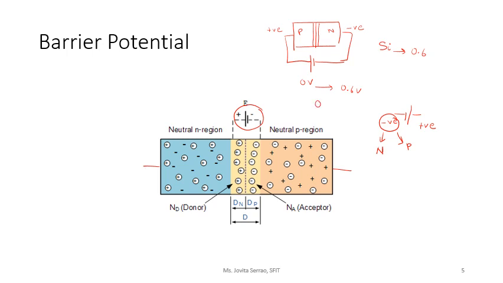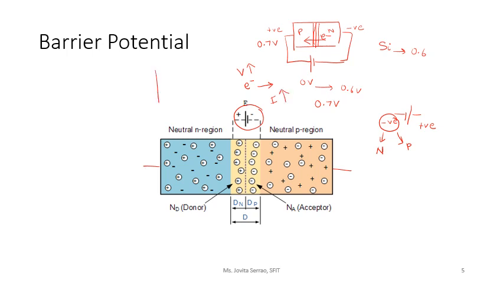But when this becomes 0.7 volts, this barrier potential is overcome, that is, now electrons can move from the N-type semiconductor to the P-type semiconductor, and as you keep increasing the voltage, the number of electrons that move will keep increasing and therefore the current that I get will also increase.